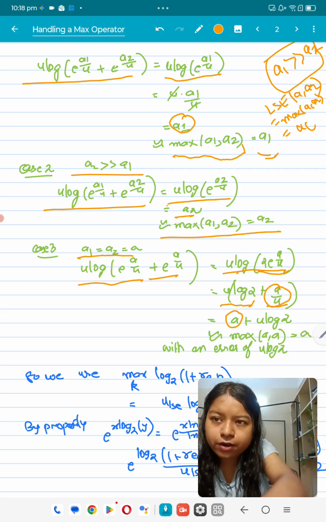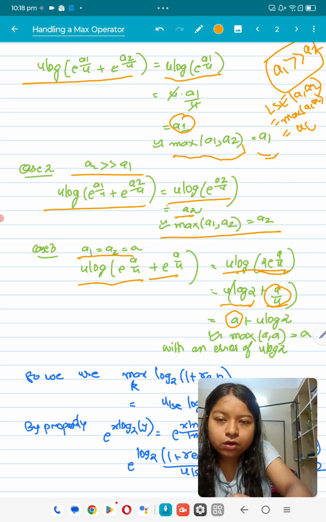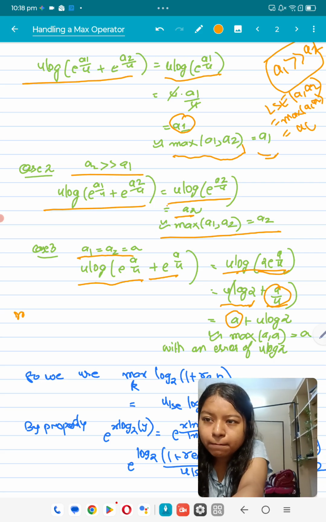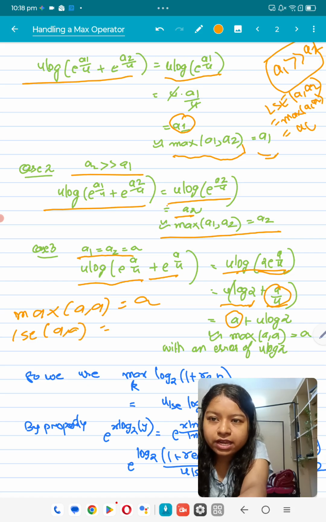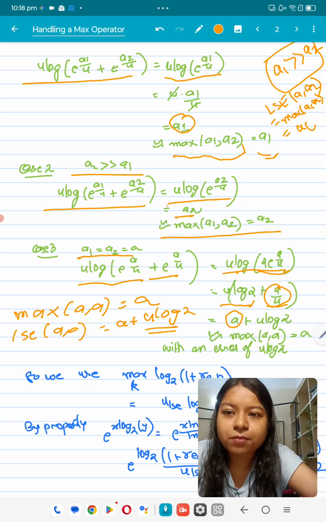So whenever a1 is equal to a2, the max of a comma a would have been a. But when we put LSE of a comma a, we get a plus u log 2. So there is an error of u log 2. But that is like a boundary-cross error, right?